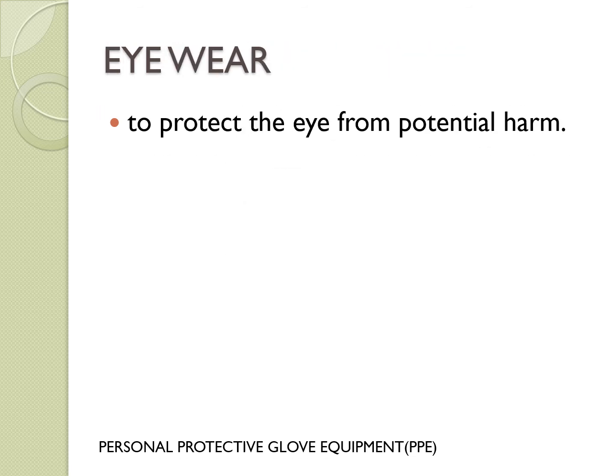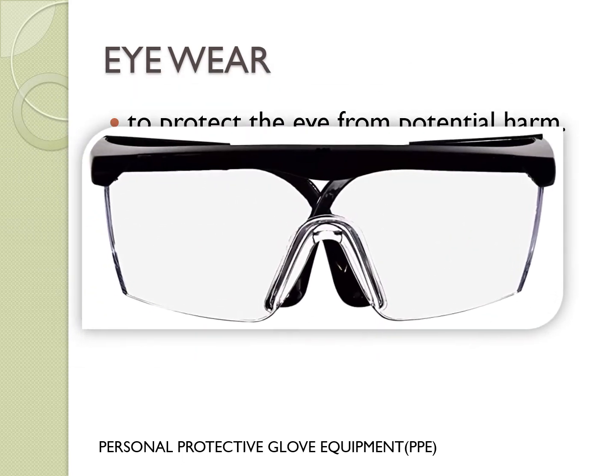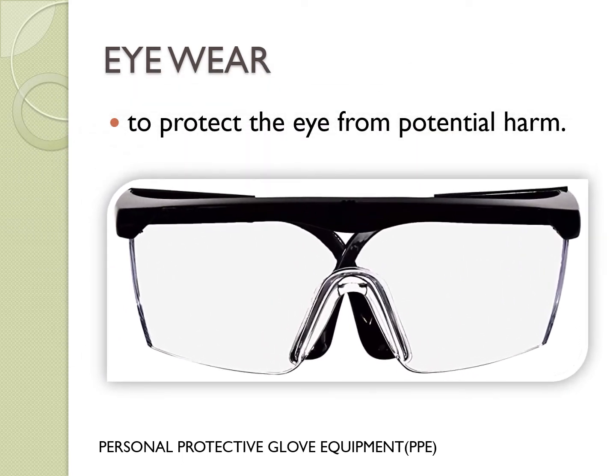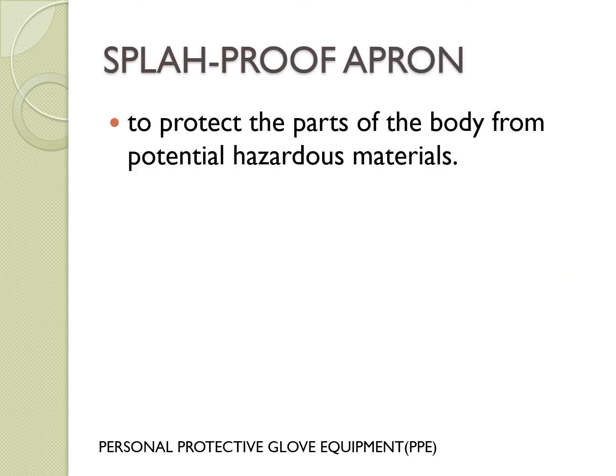And then the eyewear. Eyewear is used to protect the eye from potential harm. That eyewear is what they are using in the salon. Next is the splash-proof apron. It is used to protect the parts of the body from potential hazardous materials.